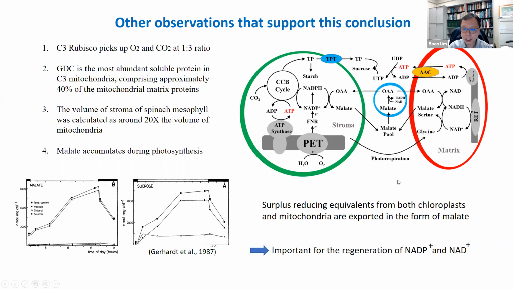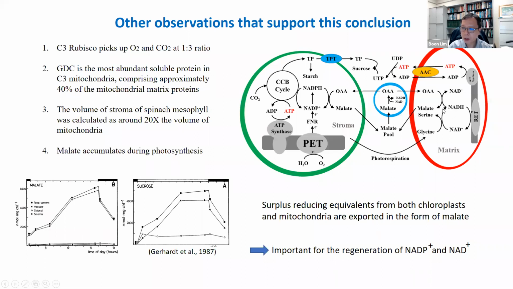So based on this observation, we propose that during photosynthesis, there is a surplus of NADPH. So surplus NADPH has to be exported from the chloroplast to regenerate NADP.